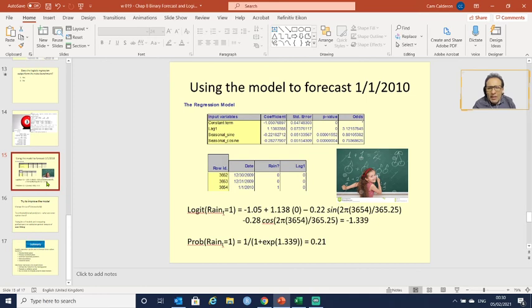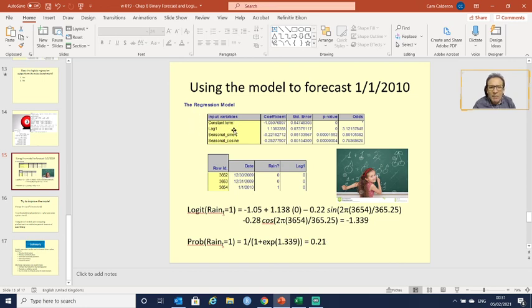Okay, so here there is another example. We can use the model to forecast 2010 if we want. This regression here is for the probability of raining or the probability of no rain. So we can use this example to forecast raining. I did not cover this example here because we actually want to use logistic regression for something more economically related.